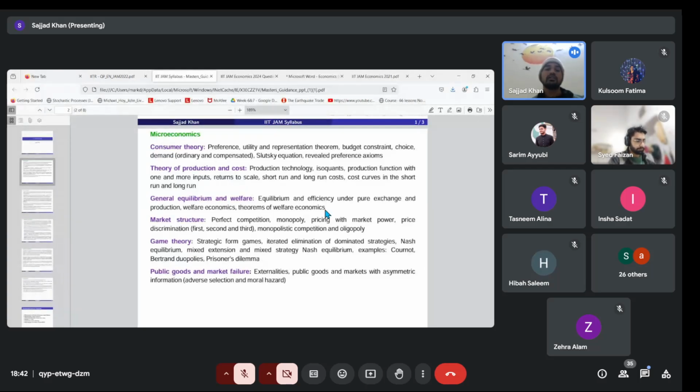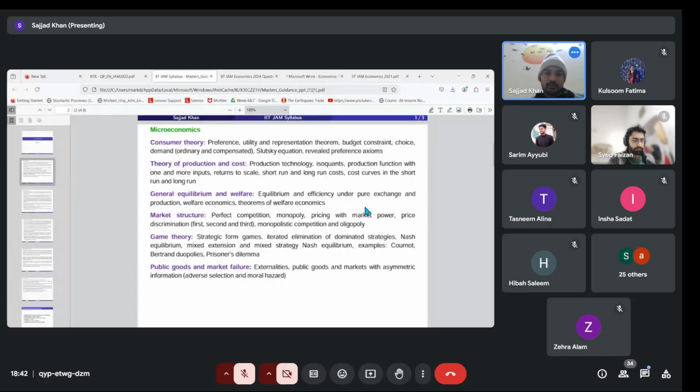Apart from that, they will ask some questions based on the Leontief function, where you have to find an efficient price for these goods. We will take an example from the PYQ questions later.